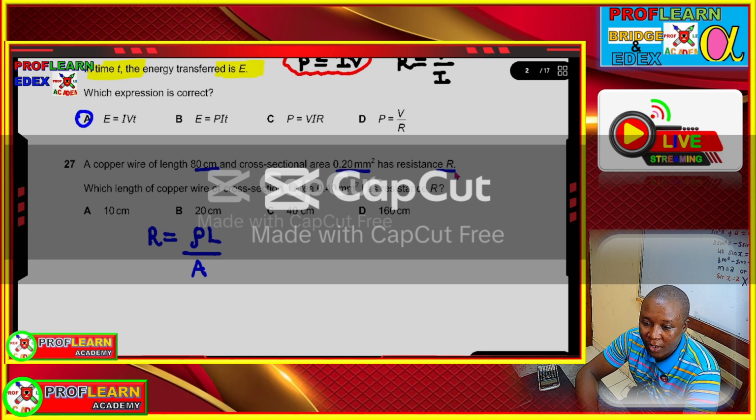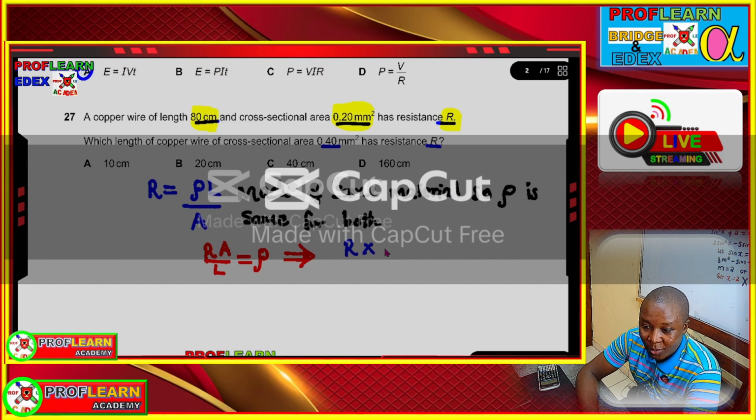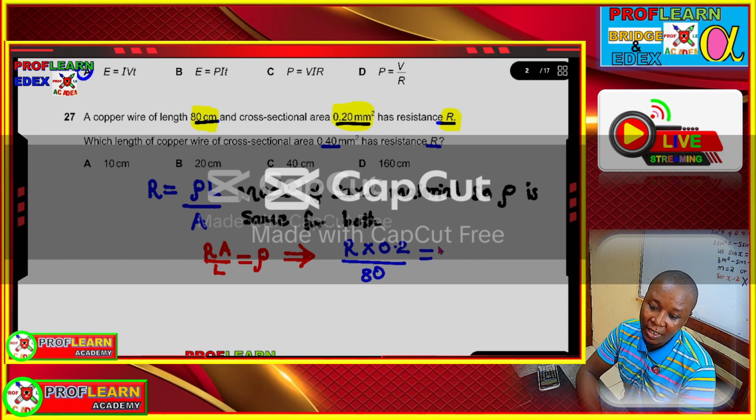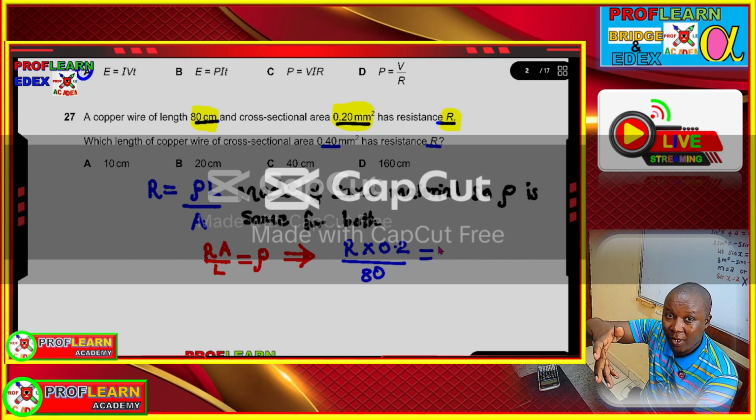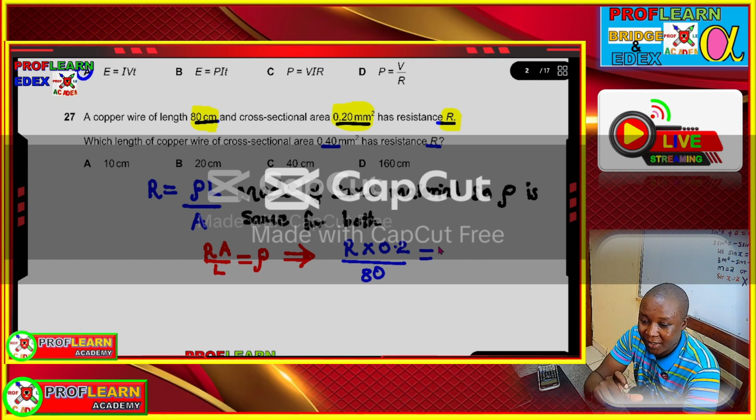Since they are made of the same material, we can make resistivity the subject of the formula. So resistivity is equal to resistance times cross-section area over the length, because both of them are copper wire, so they have the same resistivity.